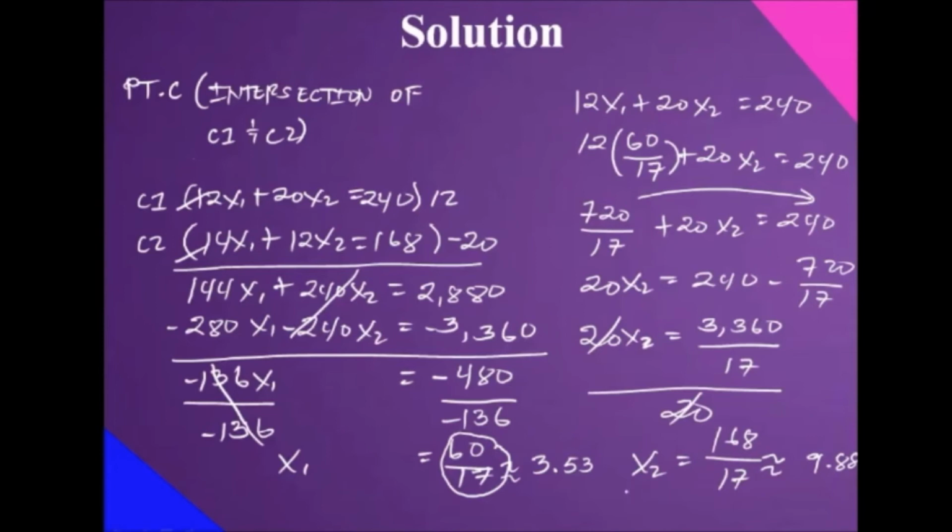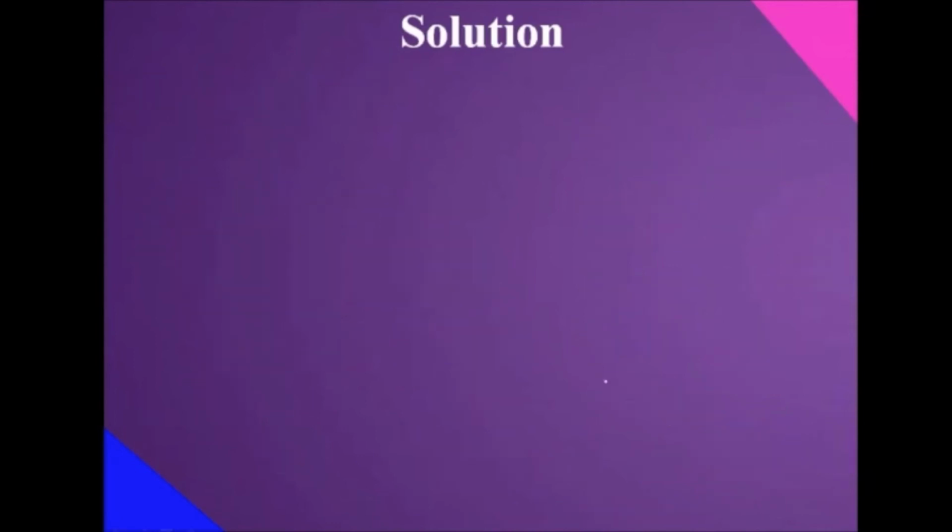Ibig sabihin, we have coordinate pair for point C na 3.53 and 9.88. Nakuha po? Now, i-substitute natin ito. Pwedeng ang i-substitute natin yung fraction, pwede rin naman yung decimal, sa ating objective function. Mas maganda fraction ang gamitin natin. So, objective function natin, we have, again, 7 x sub 1 plus 6 x sub 2.